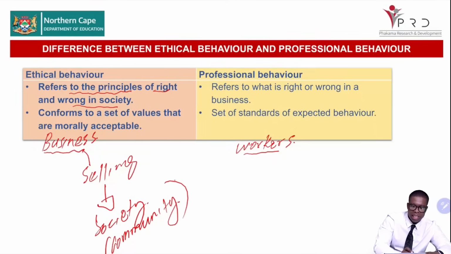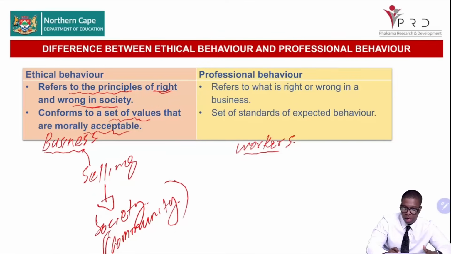So they need to know the principles of right and wrong in the society, in line with what the community is saying. Then it conforms to a set of values that are morally acceptable. So the business has to comply with a set of values that are morally acceptable.